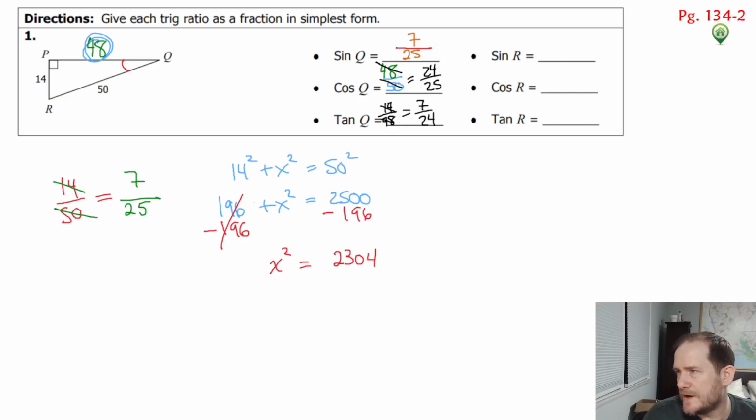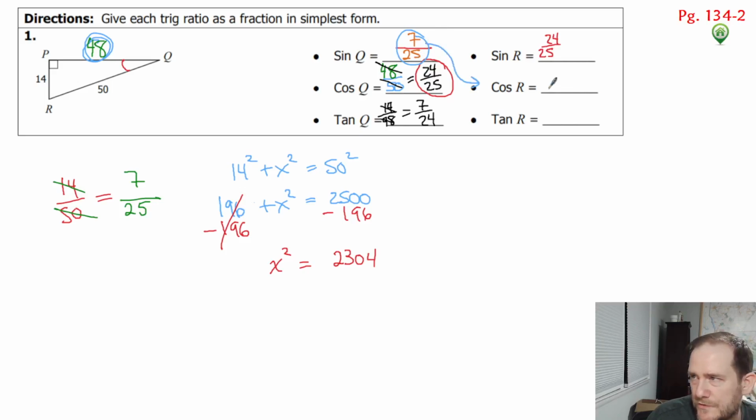And then something a lot of people figured out is when they switch angles and they go from Q to R, the cosine becomes the sine. You know it's going to be 24 25ths. That's kind of the rule. That's the relationship. So then the 7 25ths that used to be sine becomes the cosine. You know that's going to happen. You don't even really need to think about it.